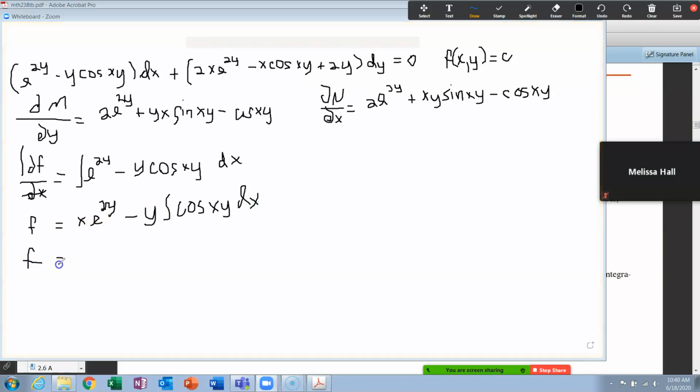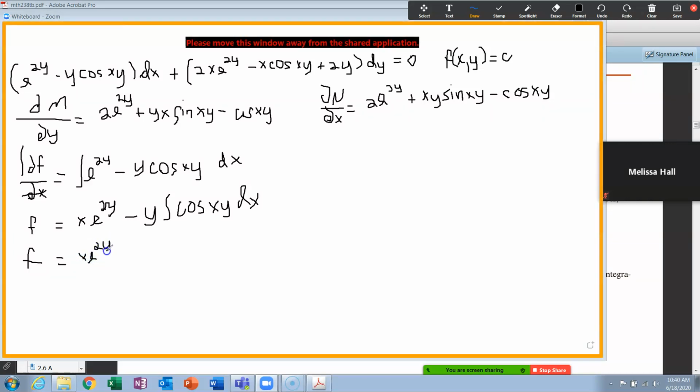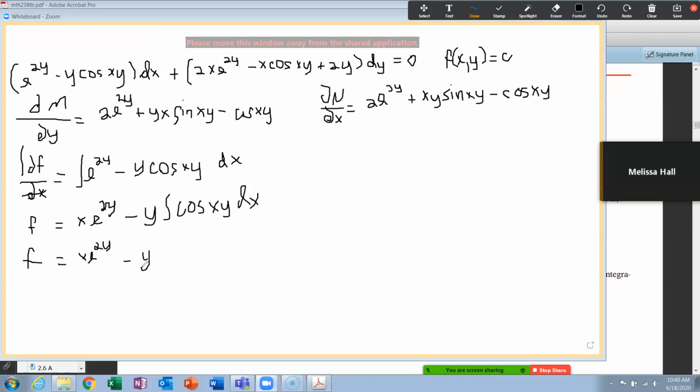So this f is equal to, this is fine. This is x e to the 2y minus y. Now, you tell me what the antiderivative of cosine yx is. Remember, y is a constant. Well, the antiderivative of cosine, say again?